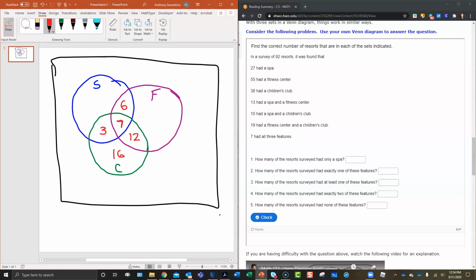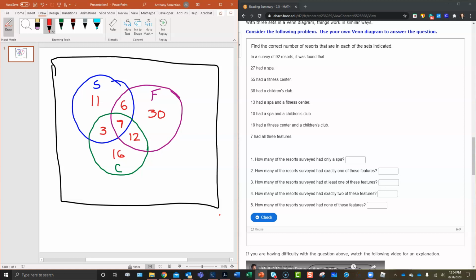So the 25 that have been accounted for on these other overlaps are already accounted for. So you're going to have 30 that just have the fitness center. And the 27 that have a spa is going to include the 3, the 7, and the 6 that had other features as well as the spa. So that's 16 in total. It's going to give you an 11 out here.